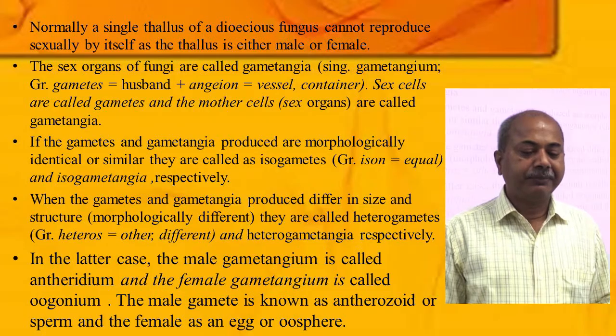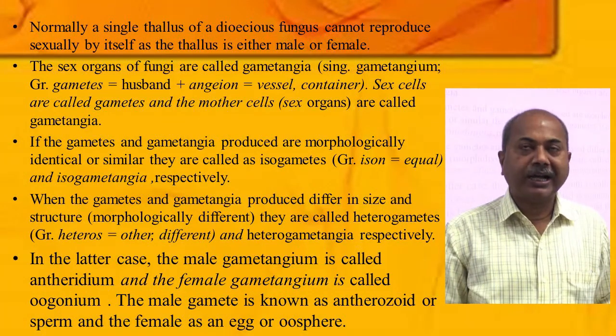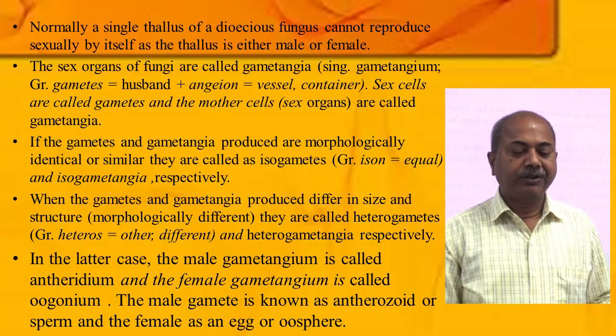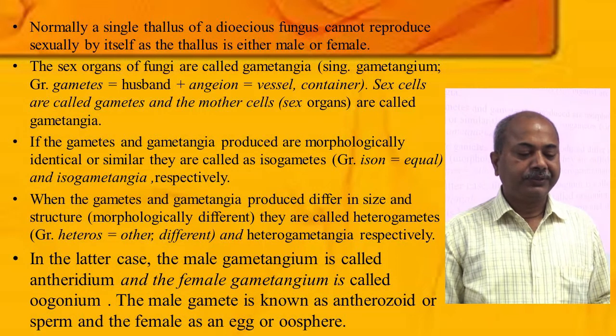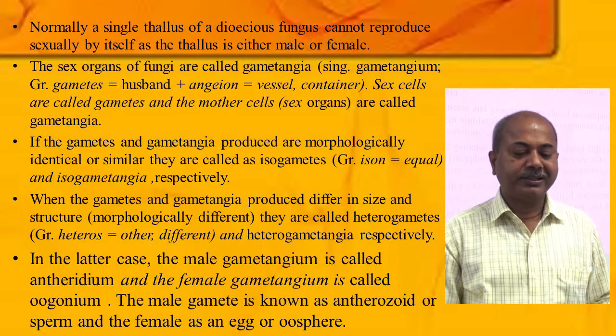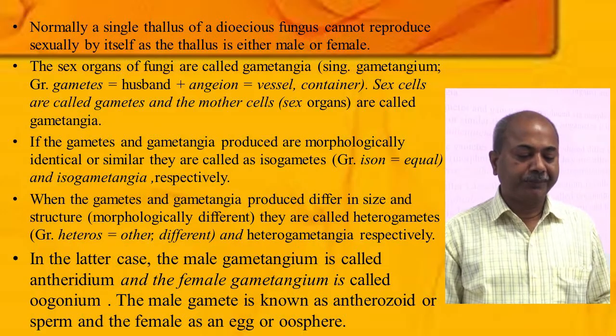If the gametes and gametangia produced are morphologically identical or similar, they are called isogametes. If the gametes and gametangia produced differ in size and structure, they are called heterogametes, and the gametangia are known as heterogametangia.